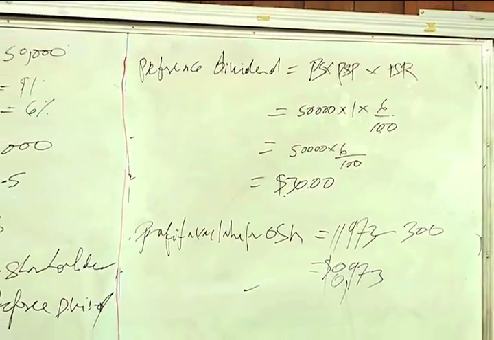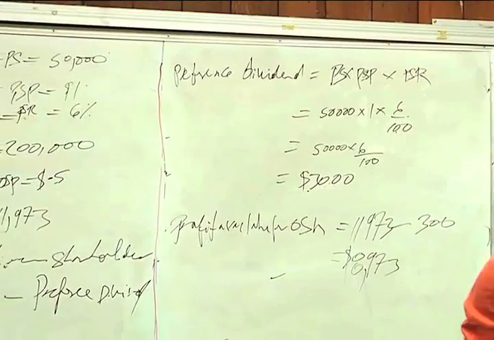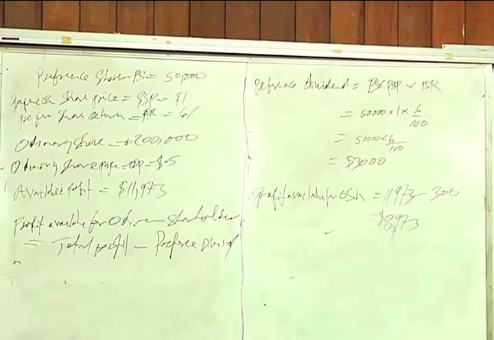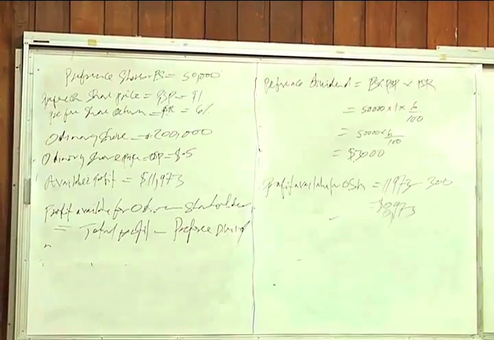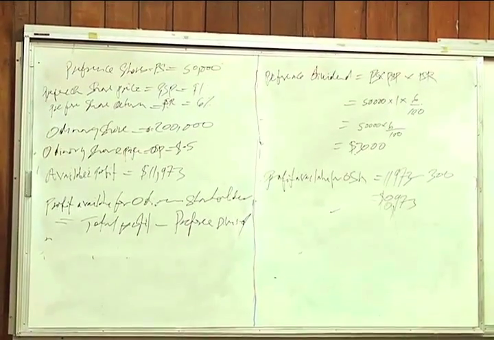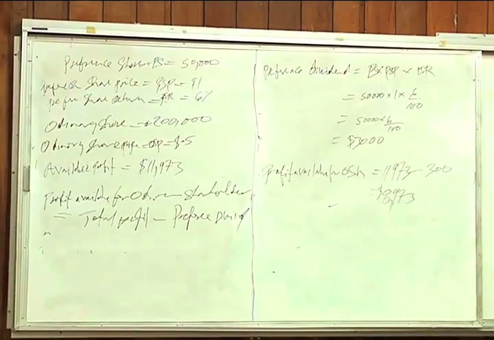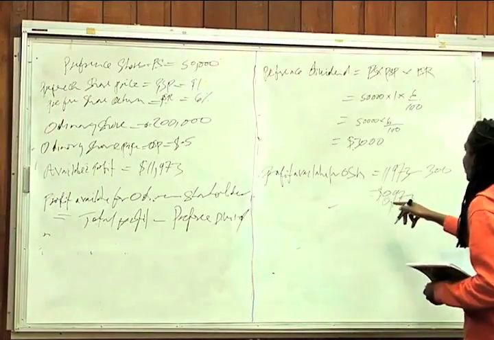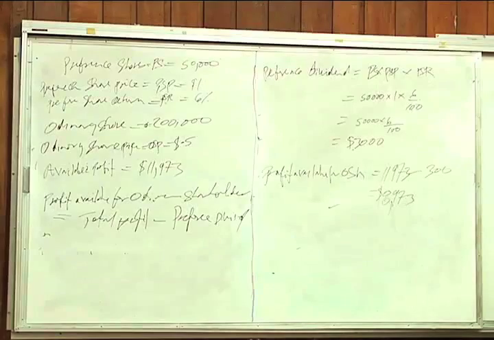Now he asks, what dividend can be paid to the ordinary shareholders? The dividend that can be paid to them is dependent on the profit available.